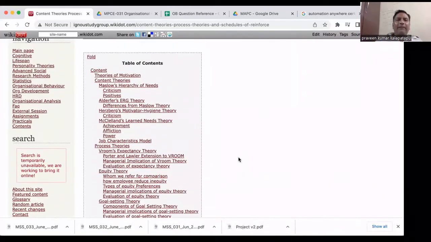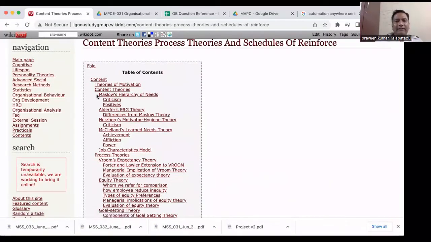There are multiple theories under content theory. First, Maslow's hierarchy of needs, Alderfer's ERG theory, Herzberg's motivator-hygiene theory, McClelland's learned needs theory, and the job characteristics model. So these are the types of content theories.